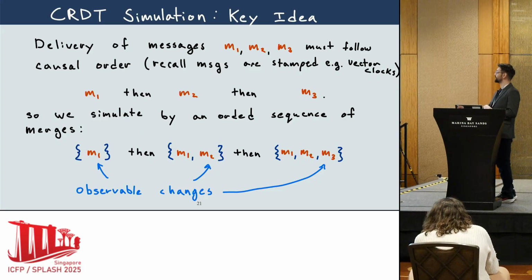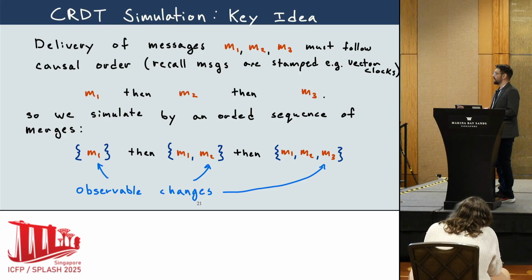On the state-based side, we would simulate by merging the set that contains M1, then the set that contains M1 and M2, and then the set that contains M1, M2, and M3. And so at each simulating step here, the state-based replica knows about the messages that happened before the message we currently care about merging.